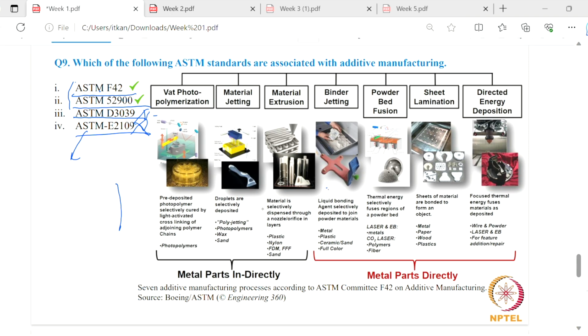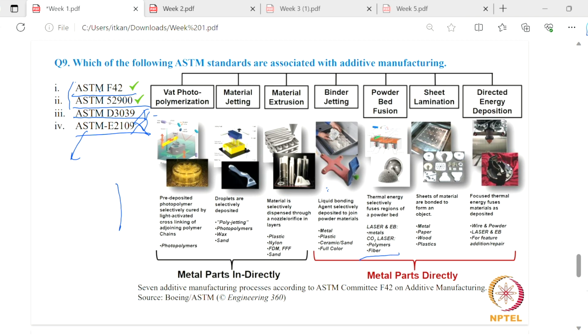In binder jetting we have to remove the binder afterwards, and sintering is required. But in powder bed fusion, which we recently discussed, we can use the final product immediately, and no sintering is required. Next, the materials: you can see polymers, fibers.